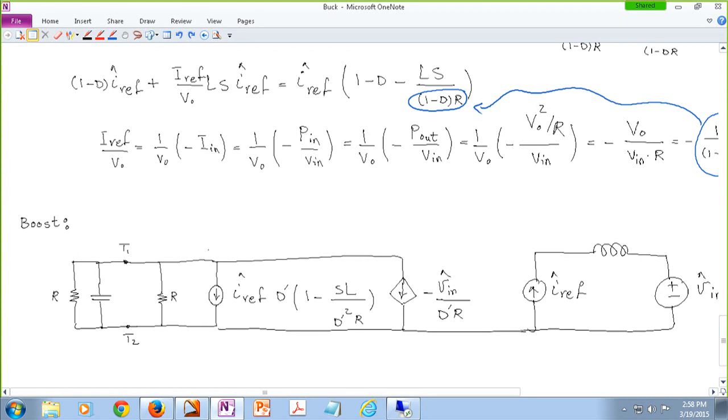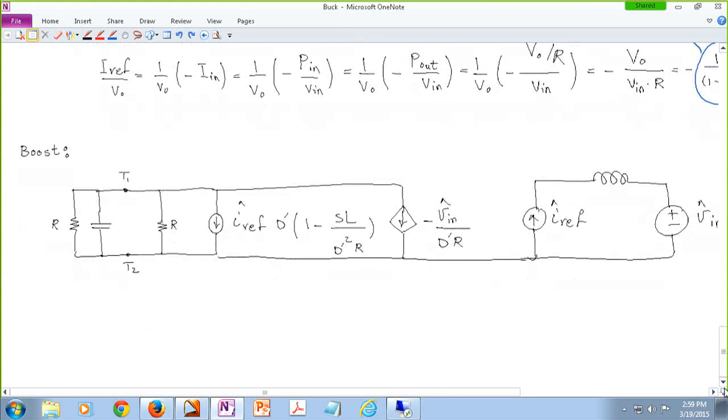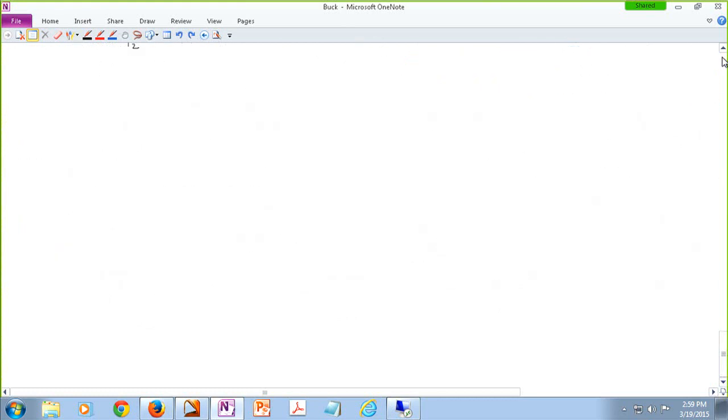Okay. So this was for the buck converter. This is for the boost converter. Now, if you open up, for instance, the power electronics book by Dr. Erickson and Dr. Maksimovic, you're going to see a table representing all of these. So I'm going to introduce that table over here, which holds buck, boost, and buck boost topologies.